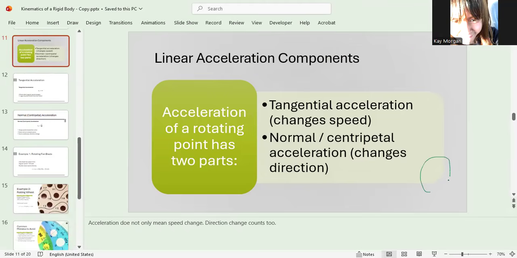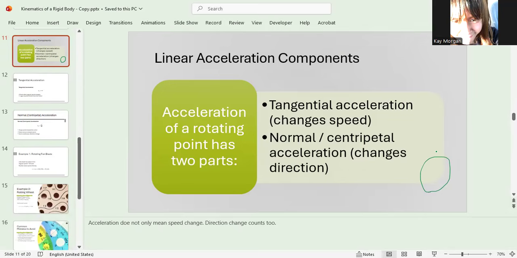You have a little rotating body, and we're now thinking about a point in that body. When this body accelerates, it gains some form of acceleration. It can be acceleration or deceleration, plus or minus, but we just say acceleration, some form of acceleration happening in this rigid body.